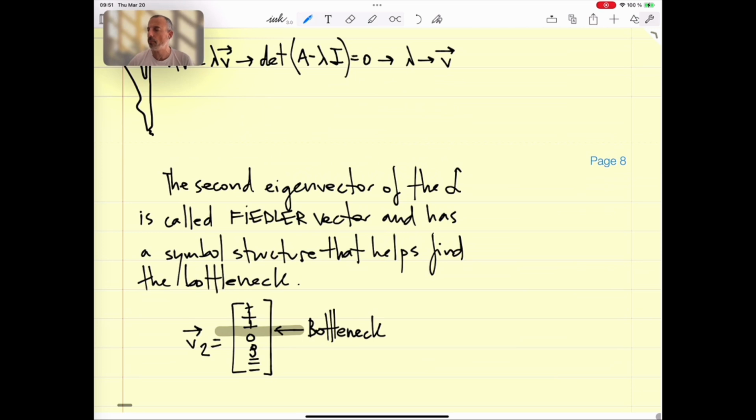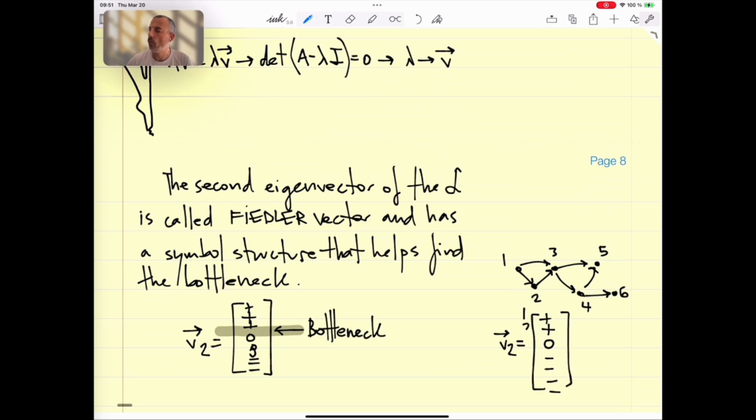Okay? So in our example, 1, 2, 3, 4, 5, and 6. In our example, the Fiedler vector is going to be like this: positive, positive, 0, negative, negative, negative. Okay, so this is going to be node 1, 2, 3, 4, 5, and 6.